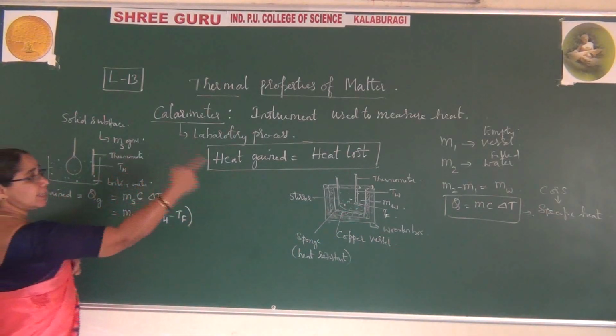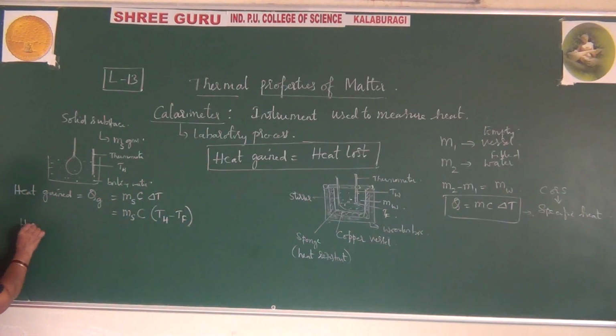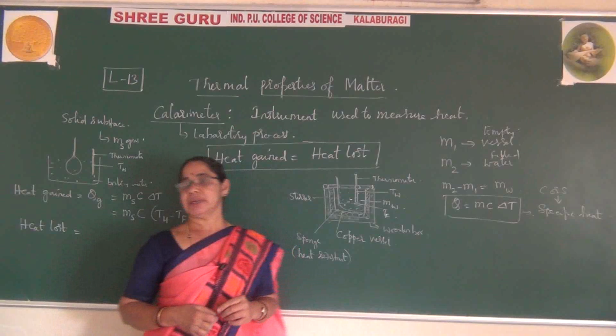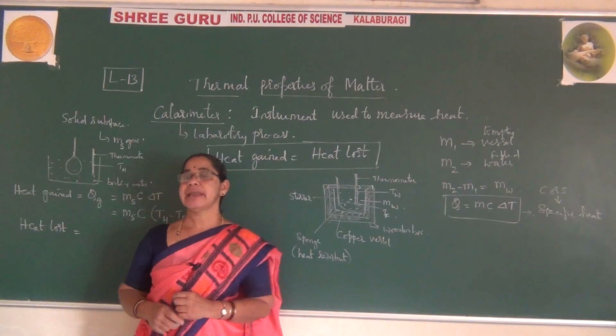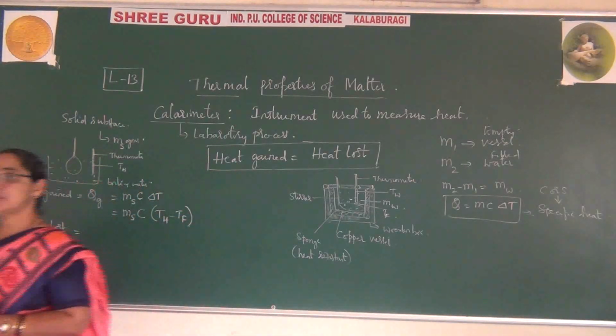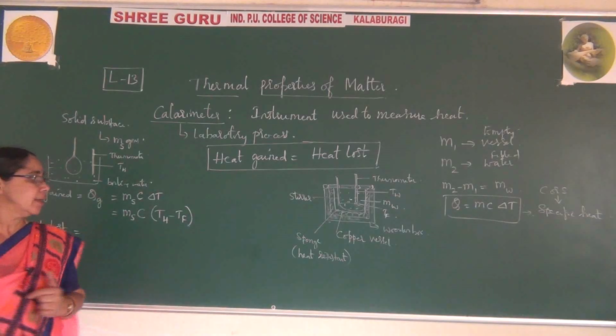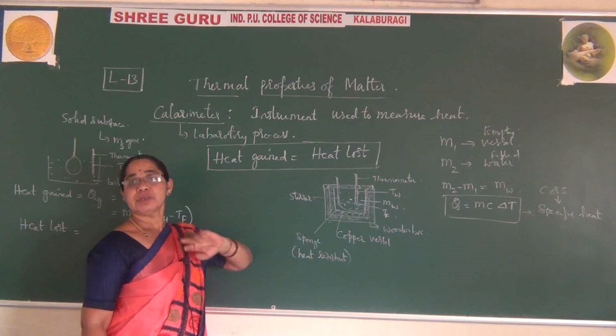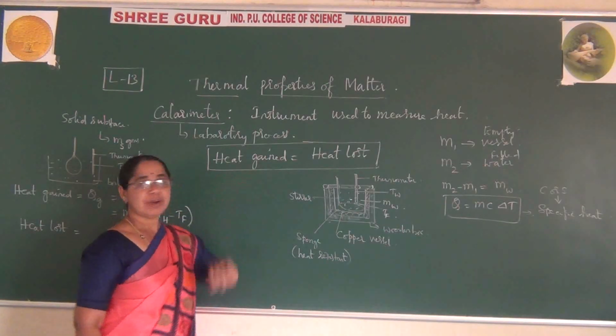Next, what is that heat lost? Next step, heat lost. What is that heat lost? Here we have two factors: one based on the calorimeter, another based on the water. Both are there here. So here we have the calorimeter and also the water. So two steps are to be followed for heat lost.